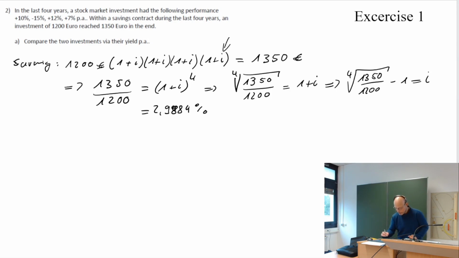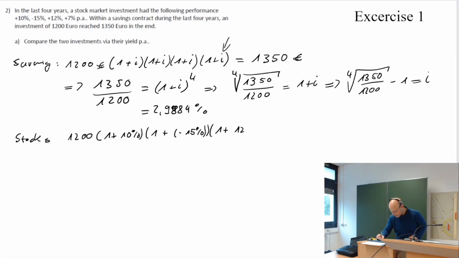Well, and for our stocks, we have the development of 1,200 times 1 plus 10% times 1 minus 15% times 1 plus 12% times 1 plus 7%, and this was roughly 1,344.